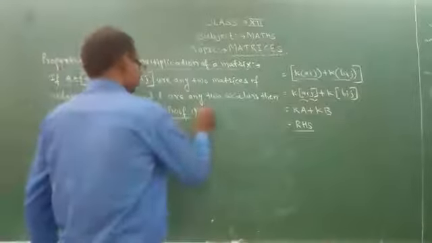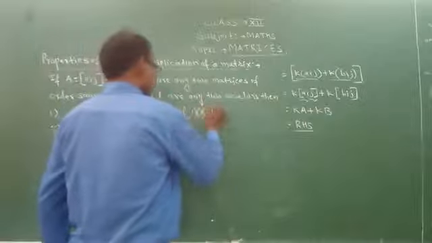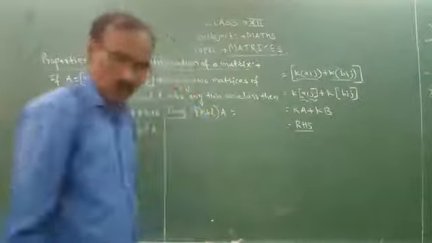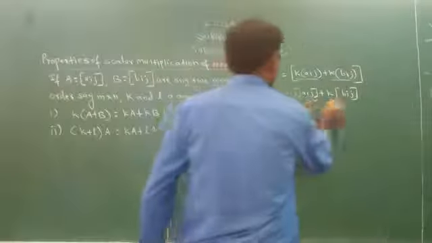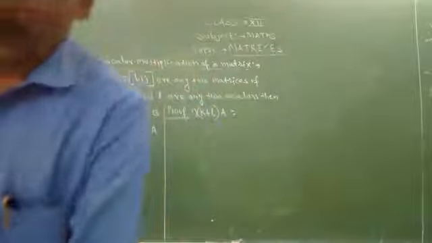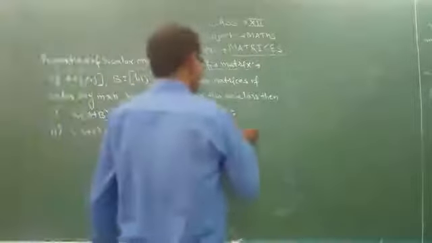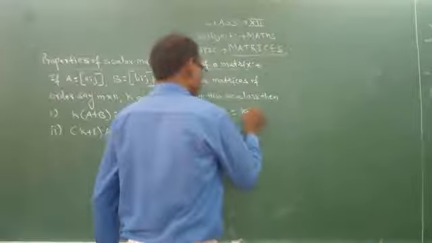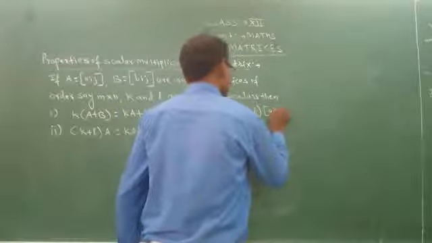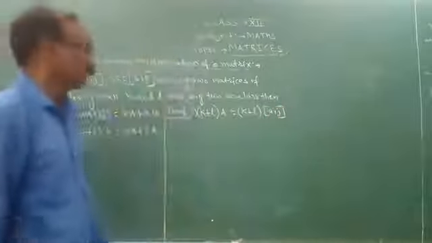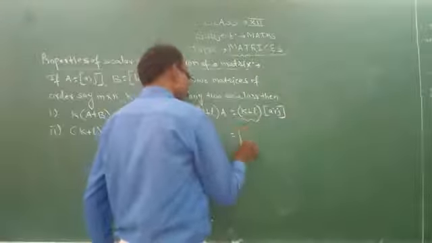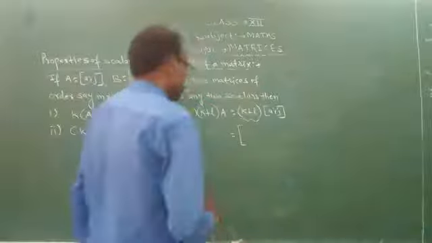K plus L into A. This will be equal to K plus L into this matrix Aij. So this is a number, K plus L is a number. So I can write it in the matrix also.